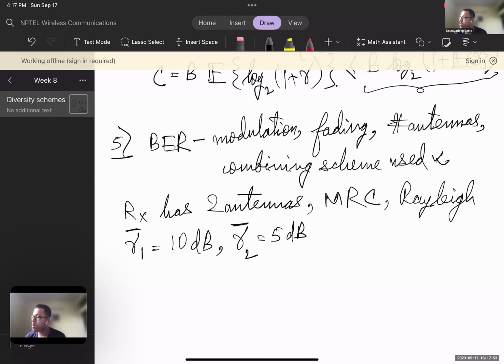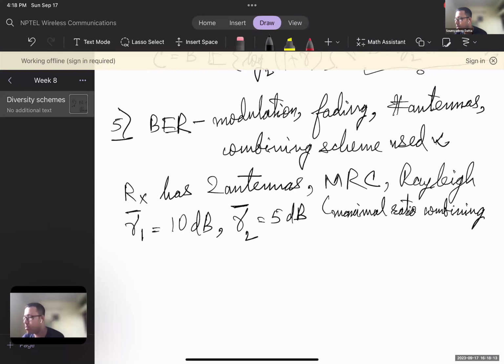So you are asked: what does MRC do? MRC stands for, as we know, maximal ratio combining. The derivation is there in the lecture notes, but effectively the effective SNR for maximal ratio combining, gamma MRC, becomes the sum total of both the antenna SNRs.